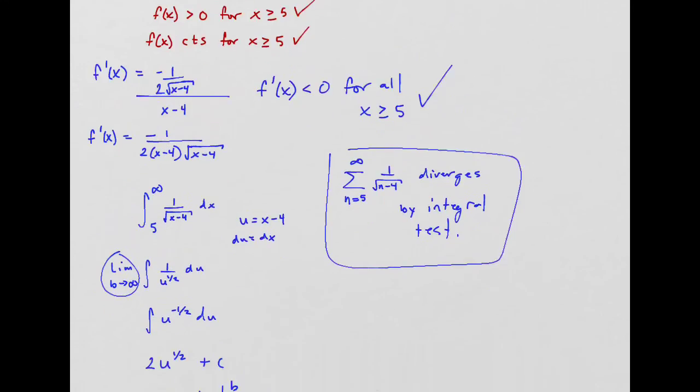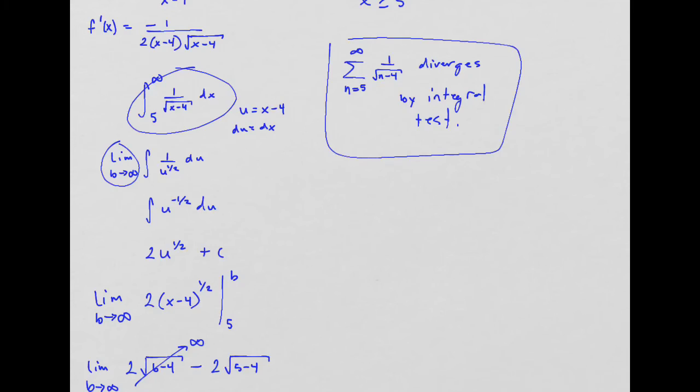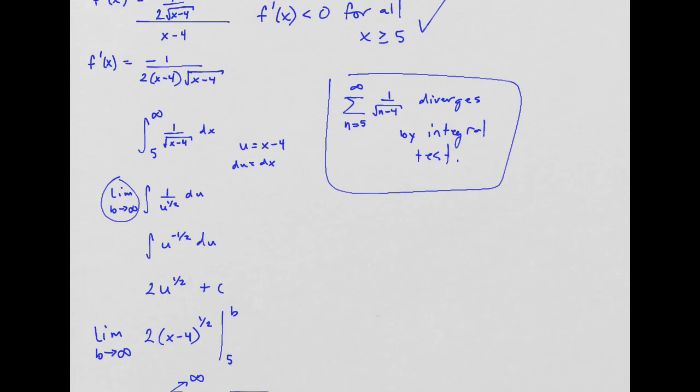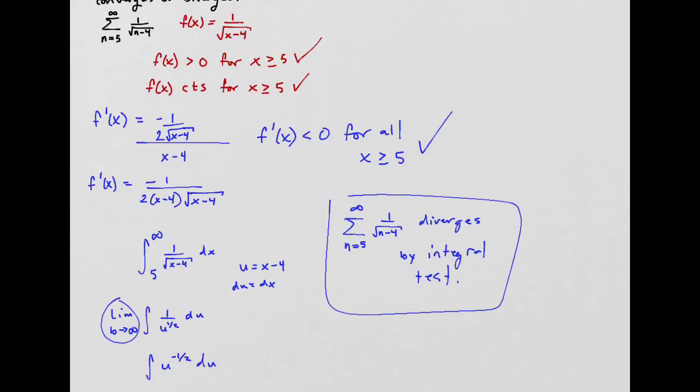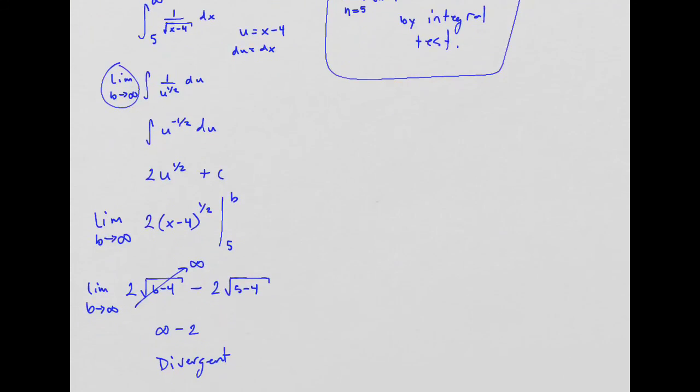Remember, if the integral converges, then so does the series. If the integral diverges, so does the series. If the integral converges to, say, a number like pi, it doesn't necessarily mean that the series converges to pi. In fact, we can't say that. We don't know. It's actually an upper bound to it. But that's it. That's all you have for the integral test.